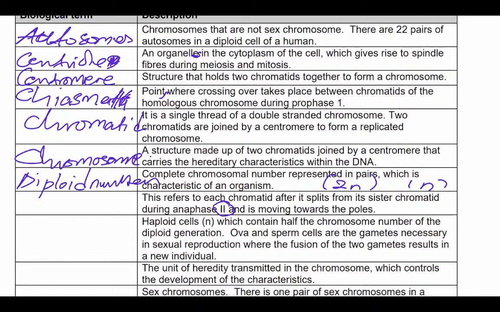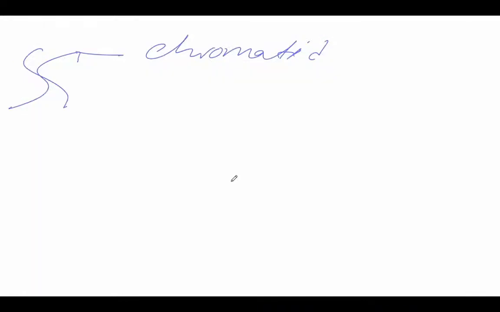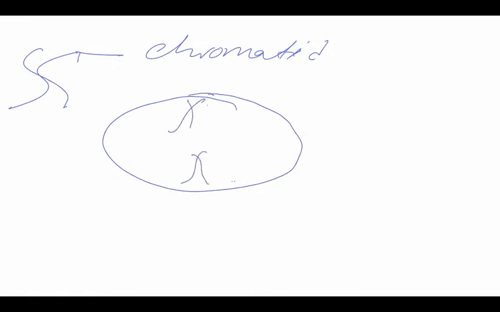If you check the process of anaphase 2, you will see that you have a cell, for example, with a chromosome and another chromosome.